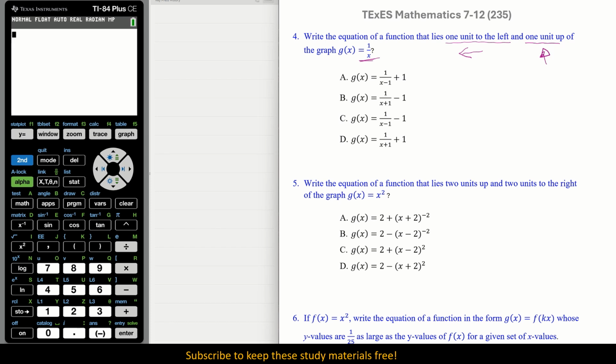Okay, before we enter, like I was saying, up would be a +1 constant, just kind of hanging on past what would be our parent function or the form of it. So this goes down, B goes down, C goes down, they're out. So now we're left with A and D, okay?